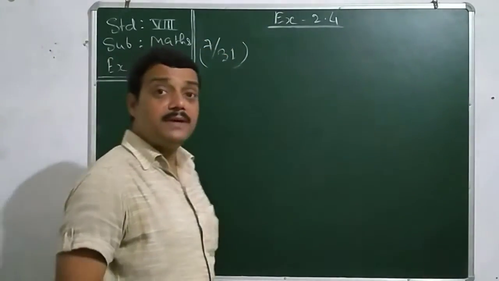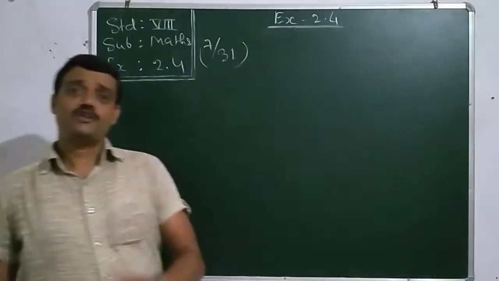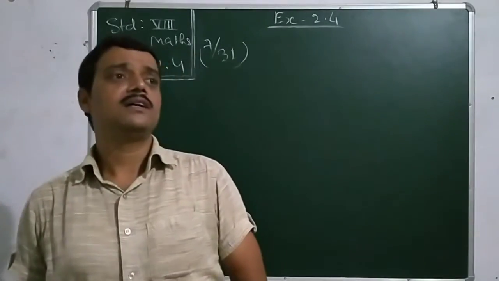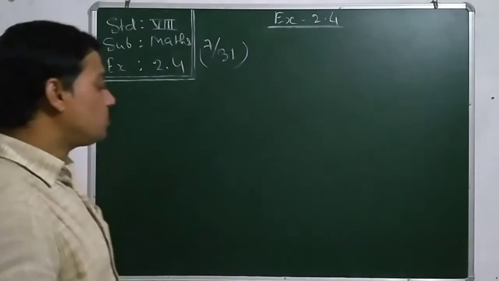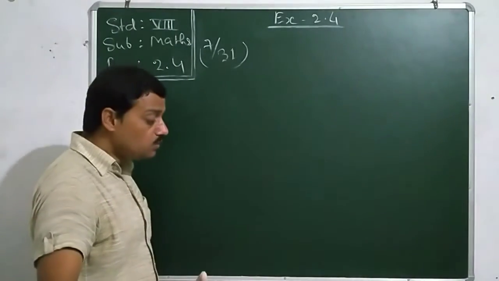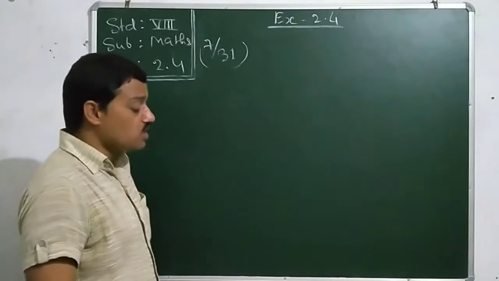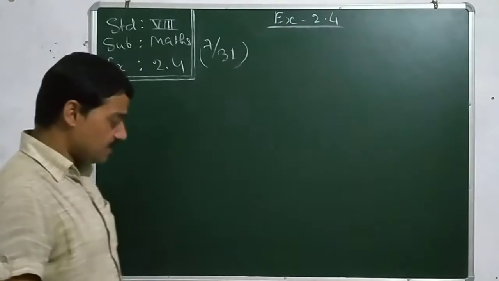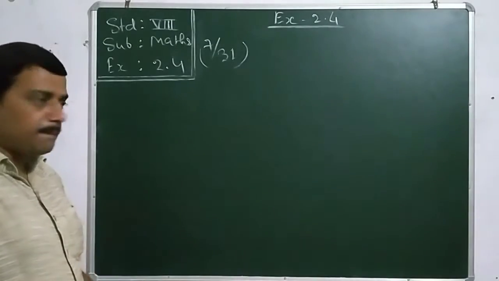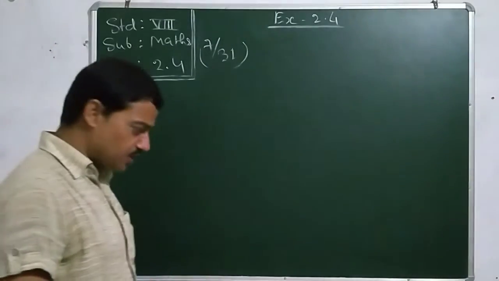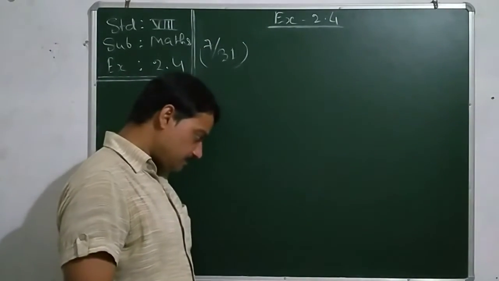In the 7 number sum, shirt and trouser materials are bought in the ratio 3:2, and the cost of shirt and trouser materials are given as rupees 50 per meter and rupees 90 per meter respectively.